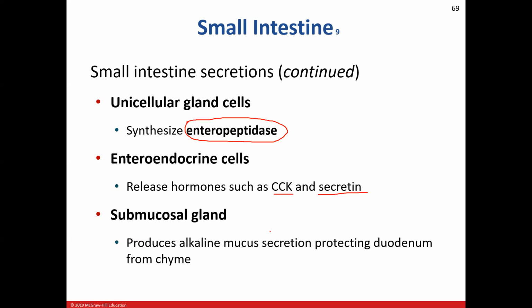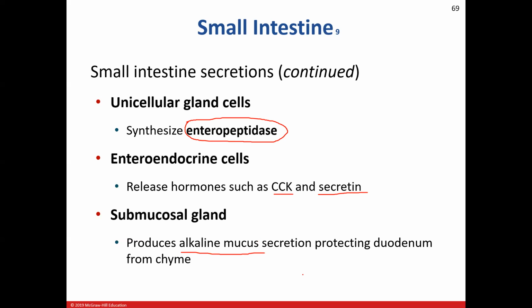Well, acid could be damaging to tissue, so we have to protect the epithelium throughout our digestive tract. And so these submucosal glands are going to produce an alkaline secretion, an alkaline mucus, which will protect the duodenum from the acidic chyme.